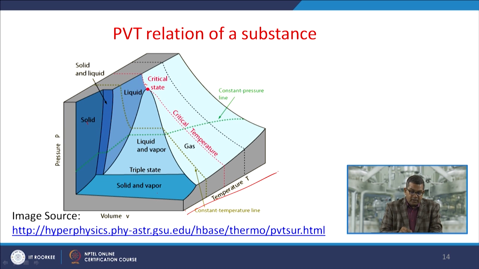So, you may have the critical state, critical temperature. There are several constant pressure lines, etc. So, by slight variation in any of the parameters, pressure, volume and temperature, you may have a change from subcooled to saturated to superheated, etc.